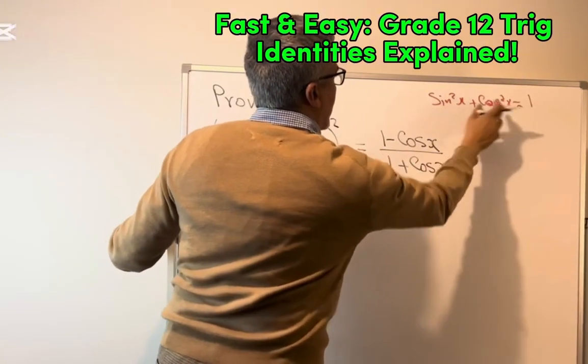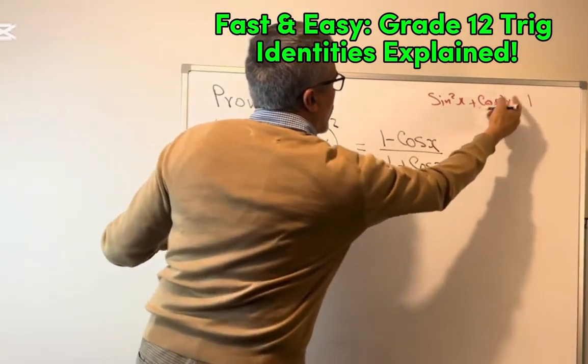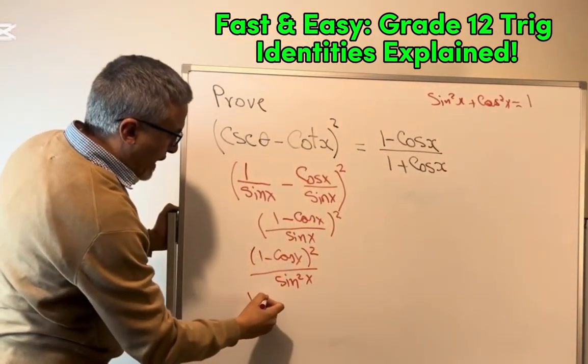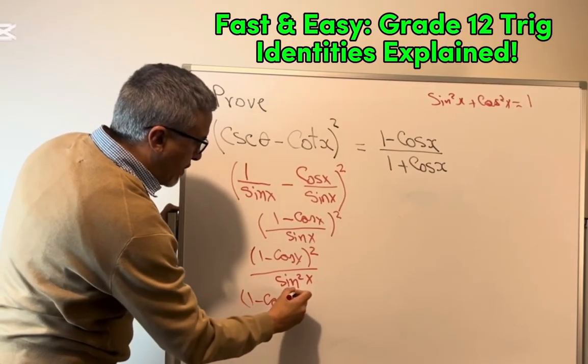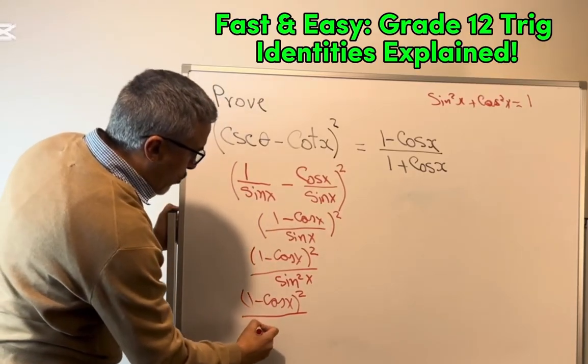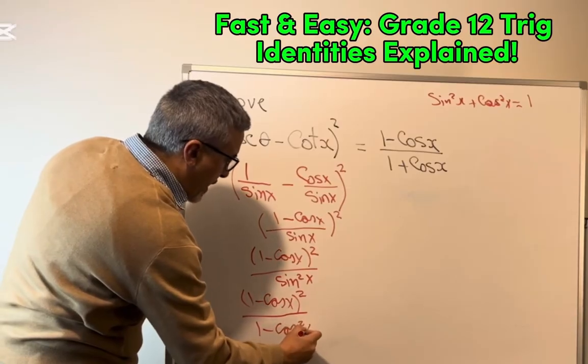That's the Pythagorean identity. So I'm going to change the sine squared into 1 minus cos squared. So therefore I have 1 minus cos x squared here at the top, and the sine squared, I'm going to change it to 1 minus cos squared x.